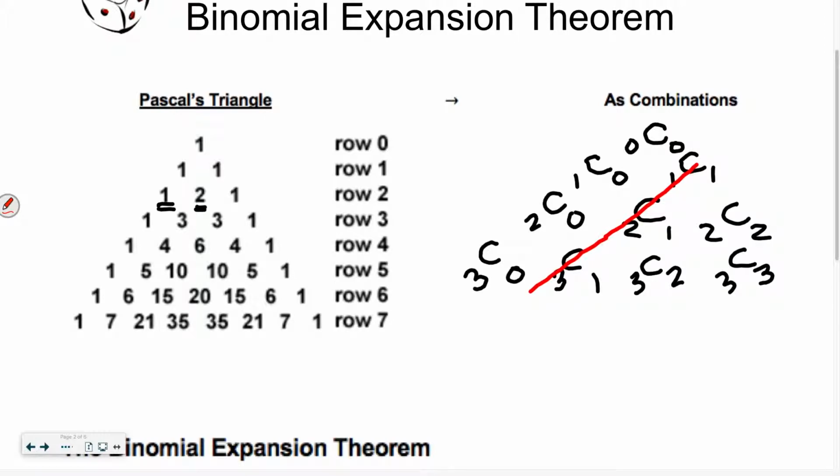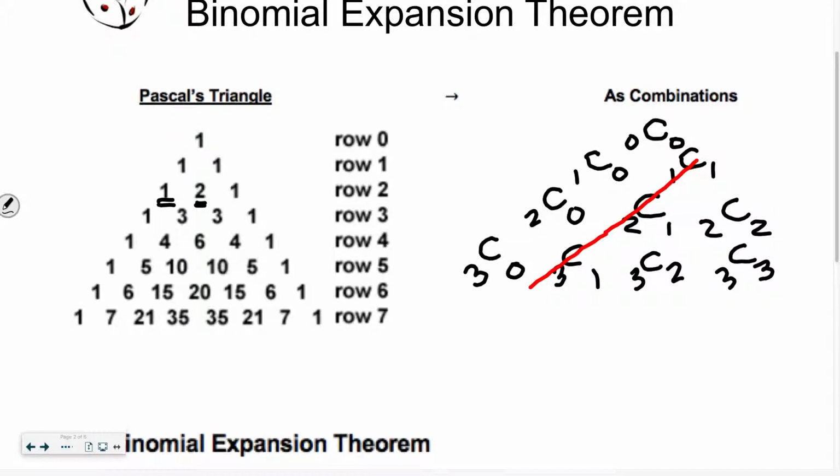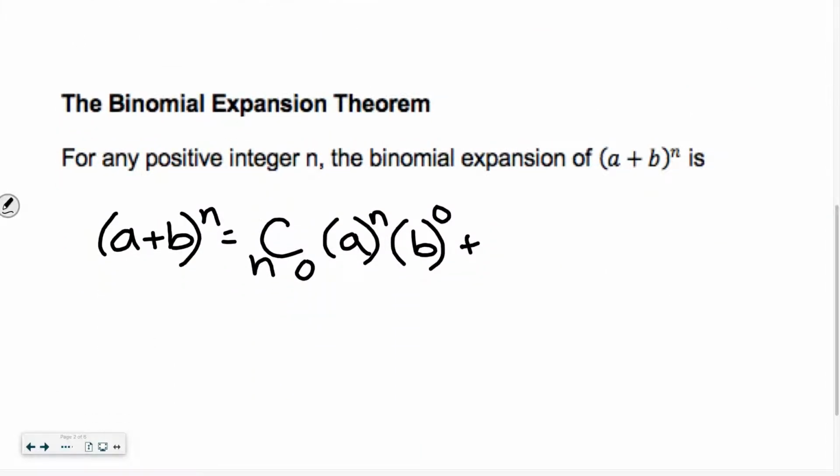The second coefficient. Well, these are all your total choose 1s. So we're going to do n choose 1. We have to decrease our exponent by 1 on the first term, increase our exponent by 1 on the second term.